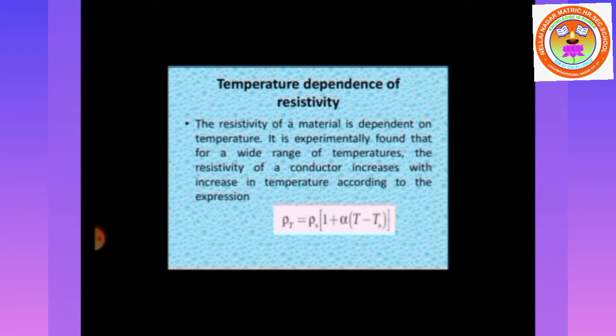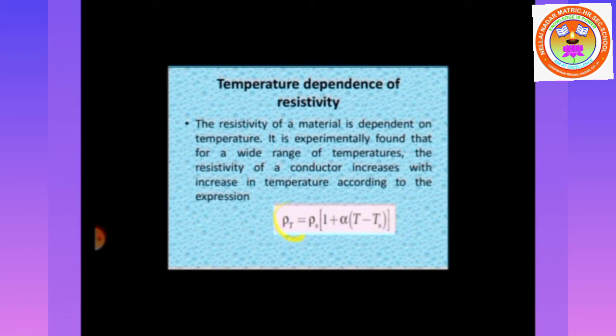So it is experimentally found that for a wide range of temperatures, the resistivity of the conductor increases with increase in temperature. According to this concept, we can give the expression for the resistivity of the conductor at a particular temperature: rho T is equal to rho naught into 1 plus alpha into T minus T naught.